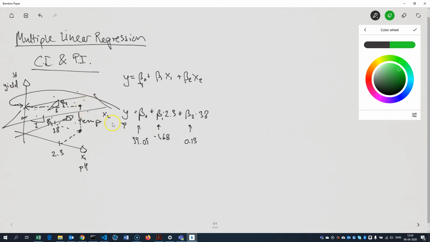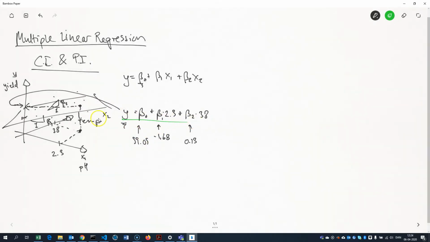So yes, this thing here is our best guess for yield, but we know that there is some random variation going on, so it would be more interesting to do a 95% confidence interval for this yield here, because we know that this number is probably not what we're going to find if we did the experiment again.